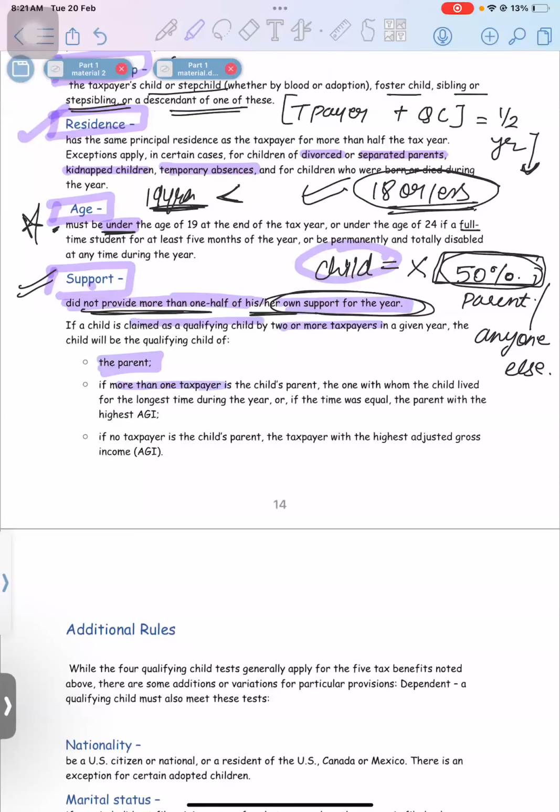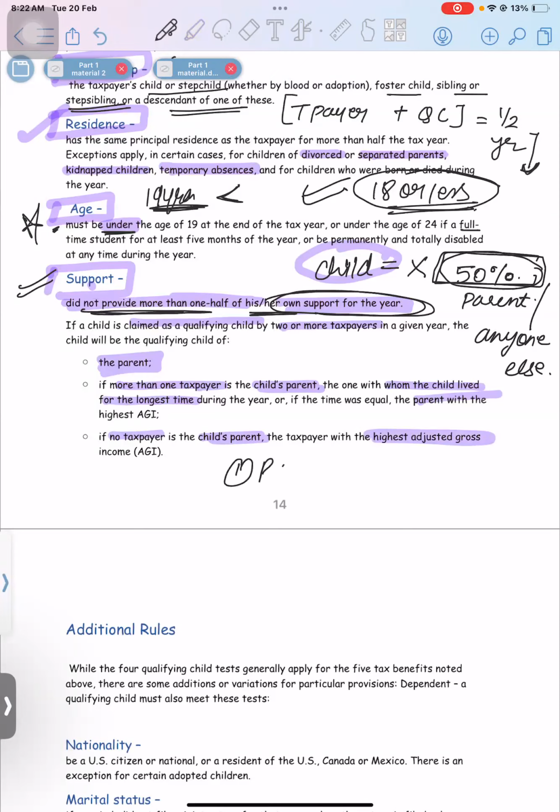If more than one taxpayer is the child's parent, the one with whom the child lived for the longest time will be the person who can claim them as a qualifying child. If the time is equal, we check the parent with the highest AGI. If no taxpayer is the child's parent, the taxpayer with the highest AGI will be considered.